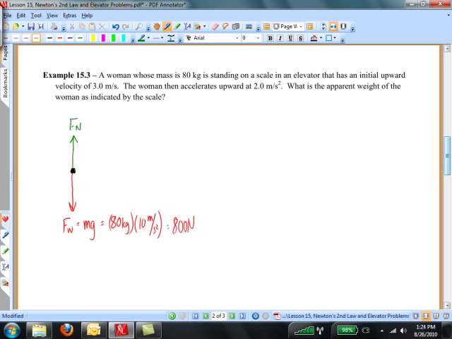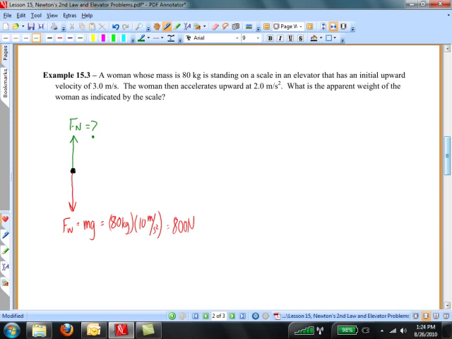Now here's the normal force, and we're asked about what the apparent weight of the woman is, so we're basically trying to figure out what the normal force is. Okay, now here's an important point. We have to choose a direction to be our positive direction. It could be up, it could be down, but we have to make a choice. And when that happens, that's going to determine how the signs of the vectors appear in Newton's second law.